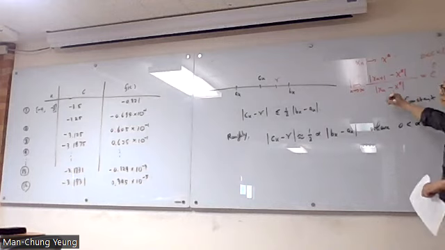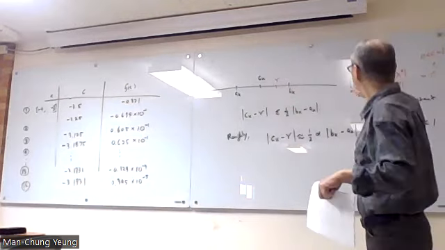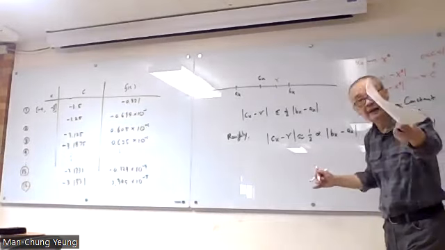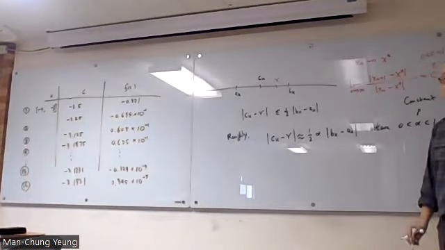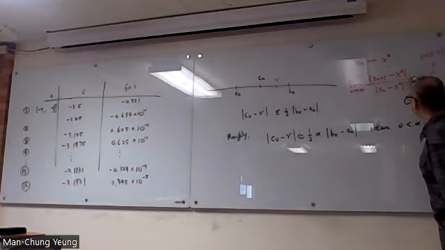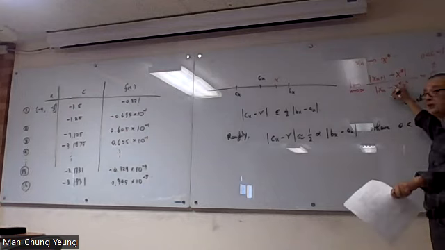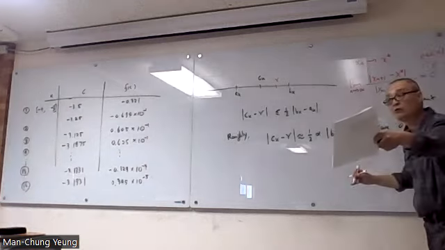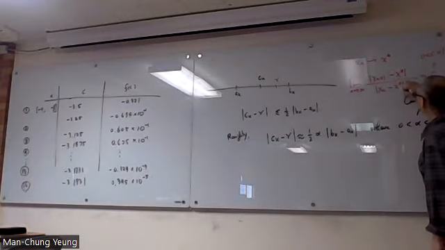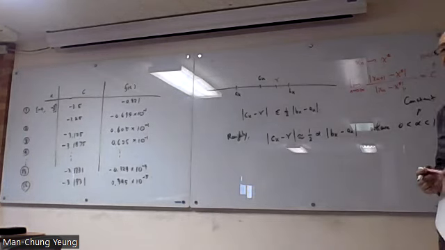If this limit is satisfied, we say the sequence converges to x star linearly. If the denominator is squared, then the convergence is quadratic, order 2. The bisection method is just order 1. Slow, not fast.